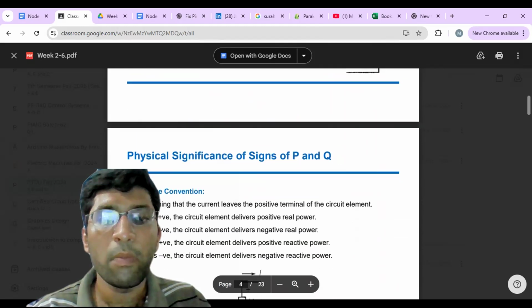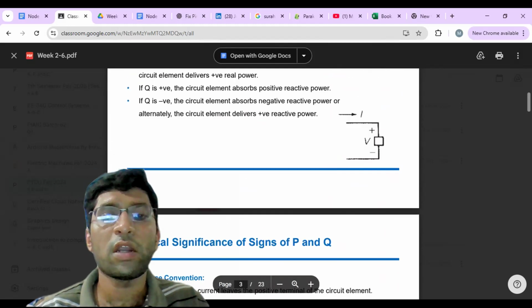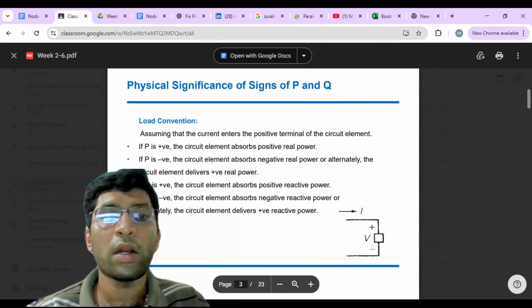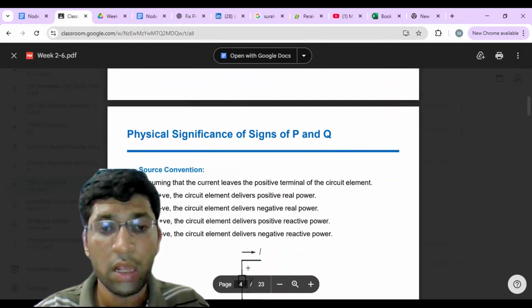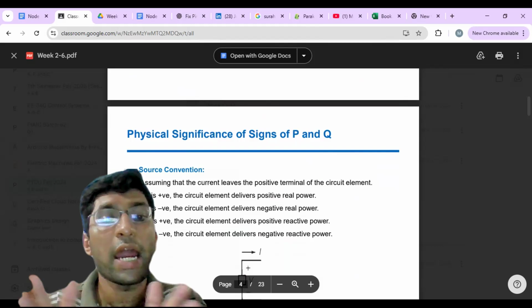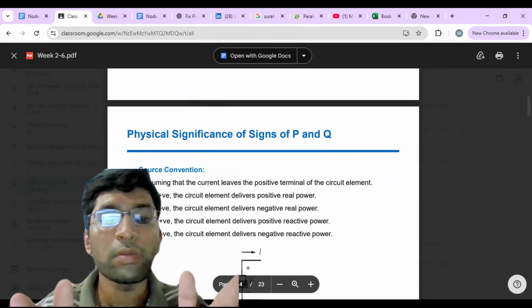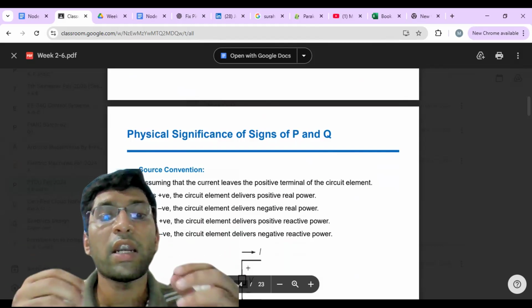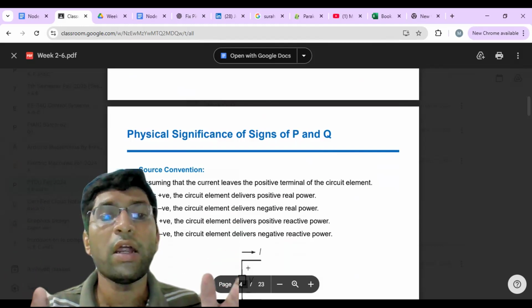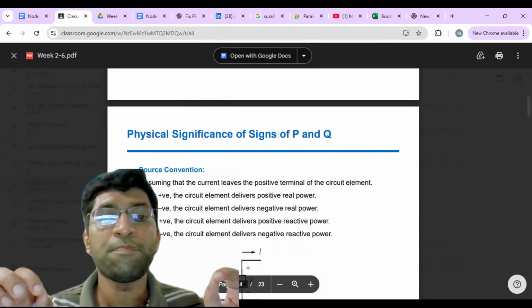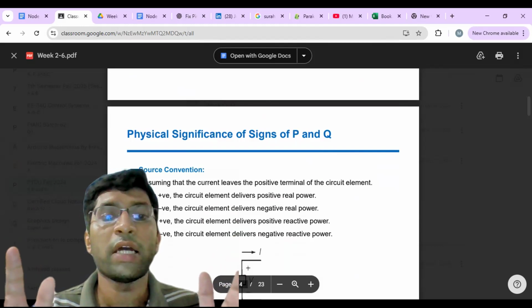It also means that we are assuming the current leaves the positive terminal of the circuit element. The difference between these two is that now we are considering that the current leaves the positive terminal. First we were saying that the current enters the positive terminal. Now when the current leaves the positive terminal of the circuit element, it is quite clear that the active power is positive.